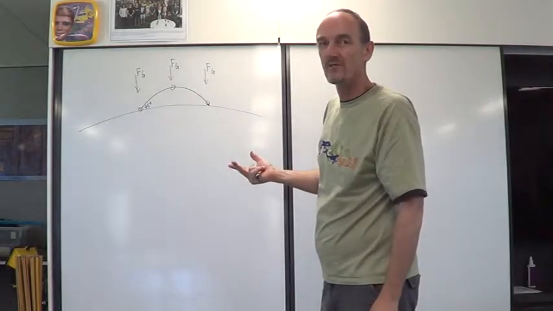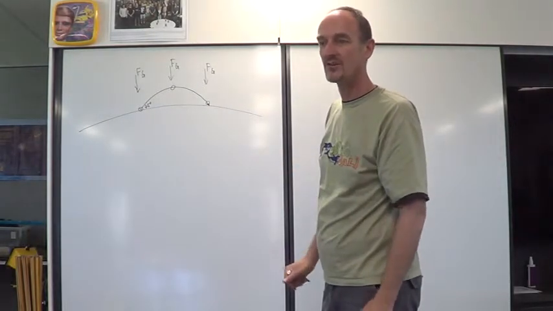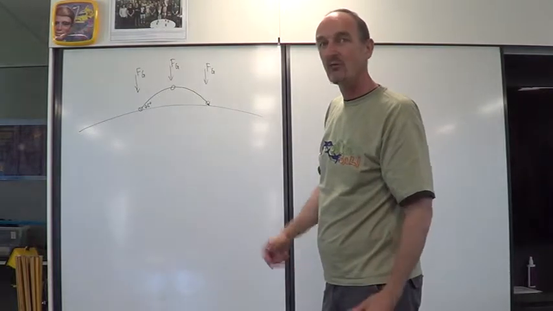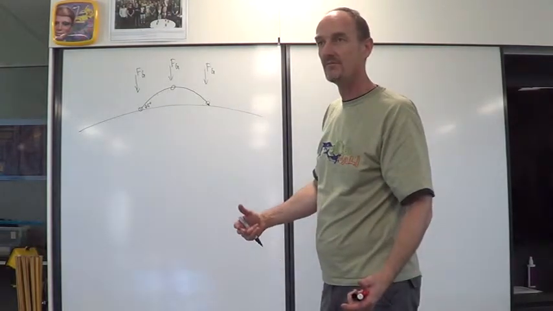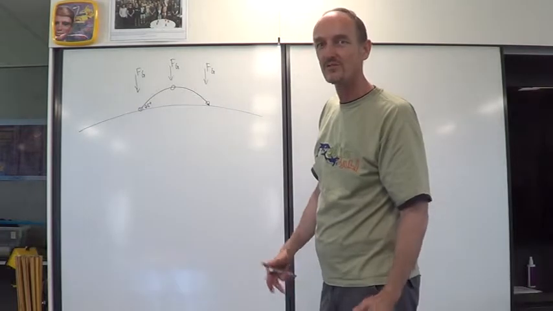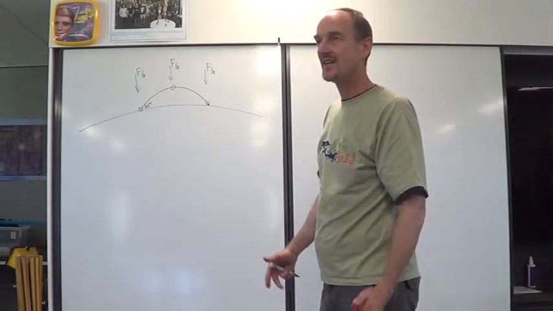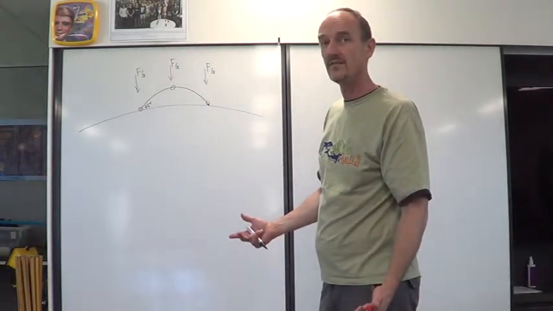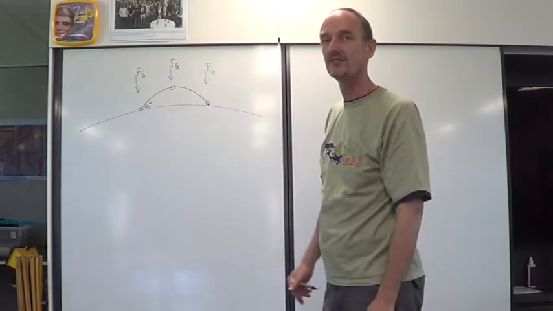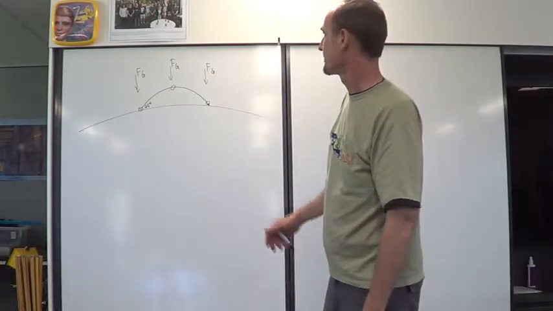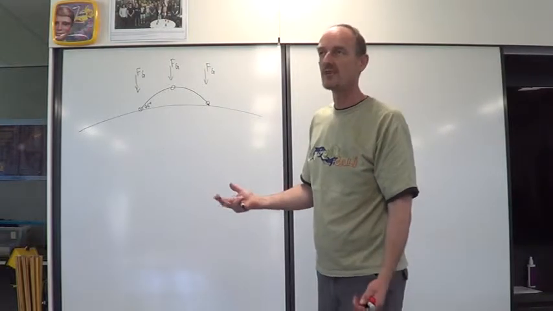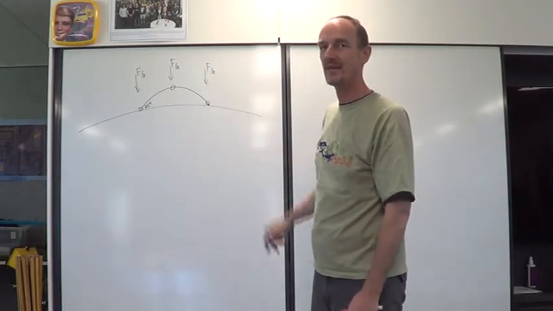If you were doing more advanced physics, looking at how rockets launch or how ballistic missiles travel, then you would need to consider the fact that it's not a uniform field.